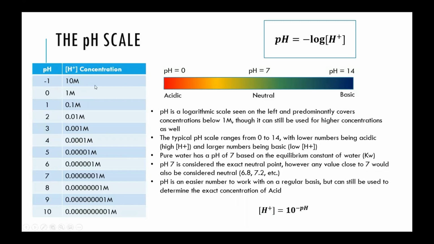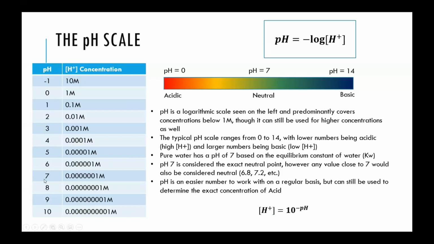If you were able to have a concentration of 100 molar, the pH would be -2. Concentrated hydrochloric acid has a concentration of 12 molar and therefore would display a negative pH.